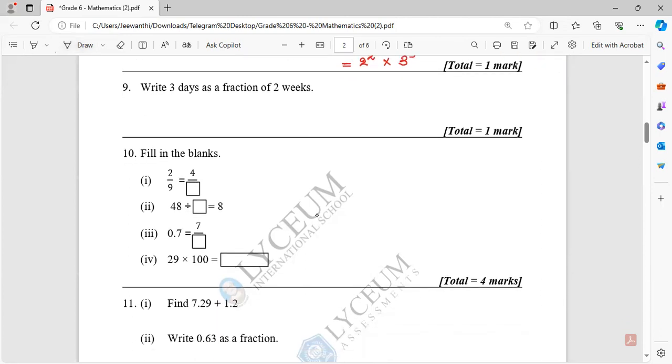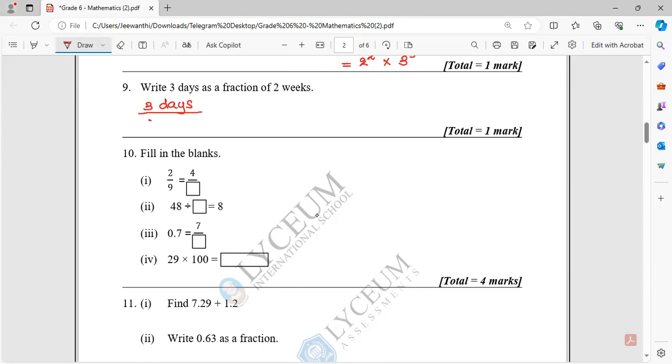Write 3 days as a fraction of 2 weeks. 3 days, right, as a fraction of 2 weeks, right? So we know 1 week is equal to what? 1 week is equal to 7 days. Okay.